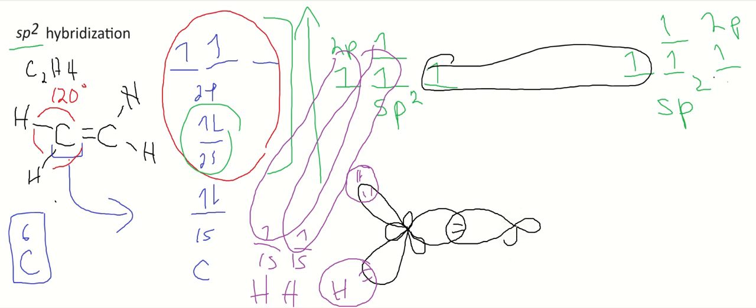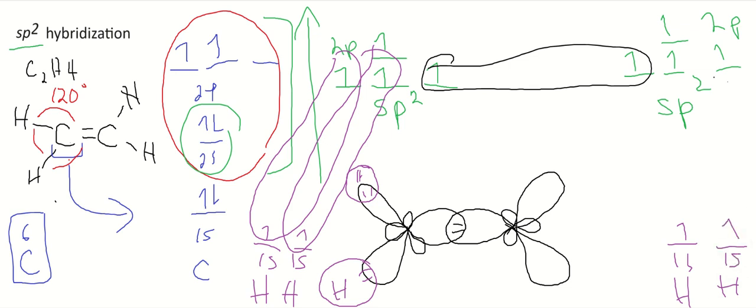Okay, there's 1, and there's 2. All right, and we're going to need 2 more hydrogens. All right, so this one is going to bond with air covalently and draw that down here.